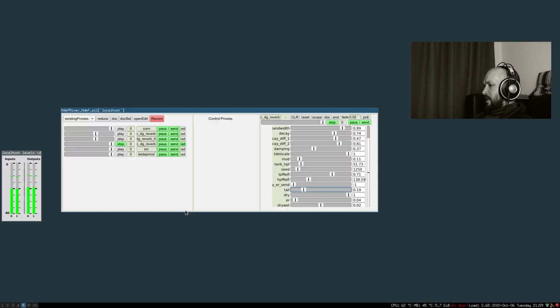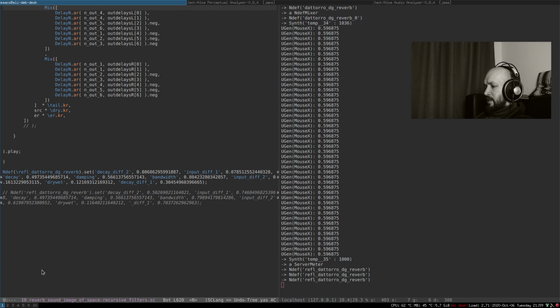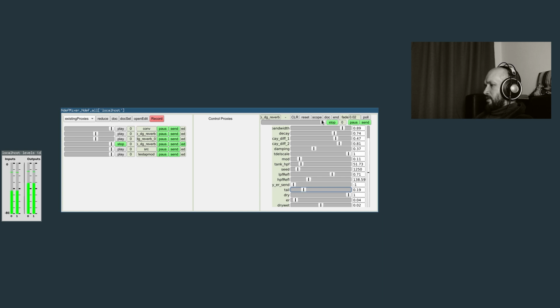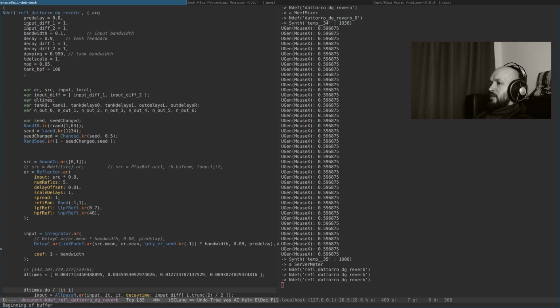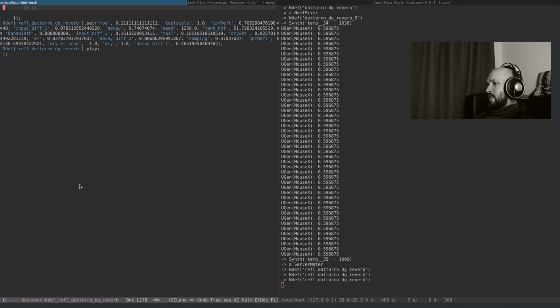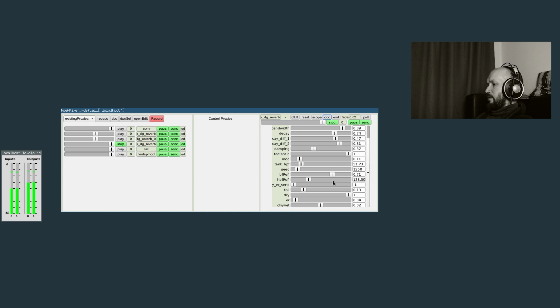And when you play with this GUI, which is provided here by the Ndef mixer command, which takes the server as an argument, you can push this duck button, and it will give you the whole source code which you sent to your reverberator, and the last set, the positions of all those knobs.